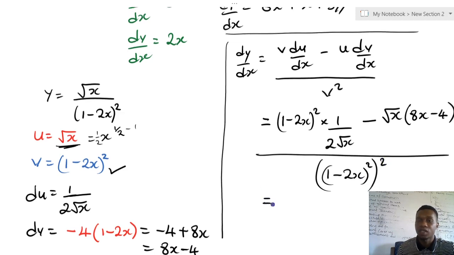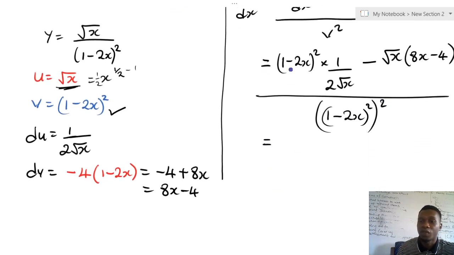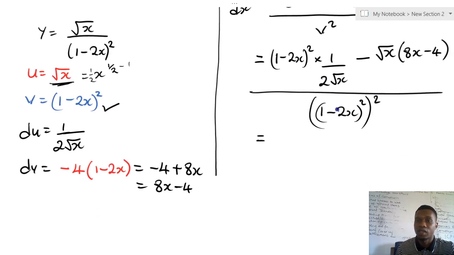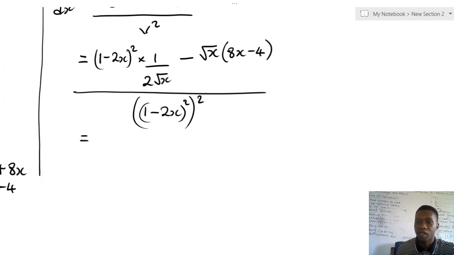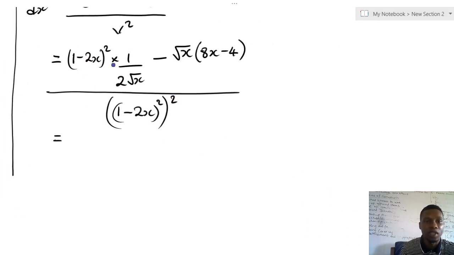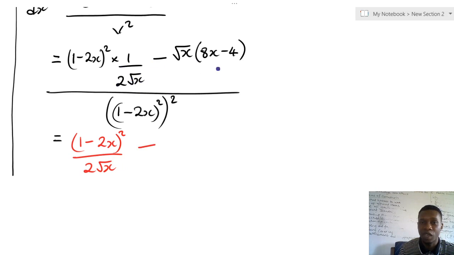So solving this, let's take our screen over to this side so that we can have more space to solve this. Solving this, we have (1 minus 2x) raised to the power of 2 over 2 root x, minus. Now don't be tempted to bring your 2 root x down here, because you must first be able to show that the 2 root x is the LCM of these two before it can come down.